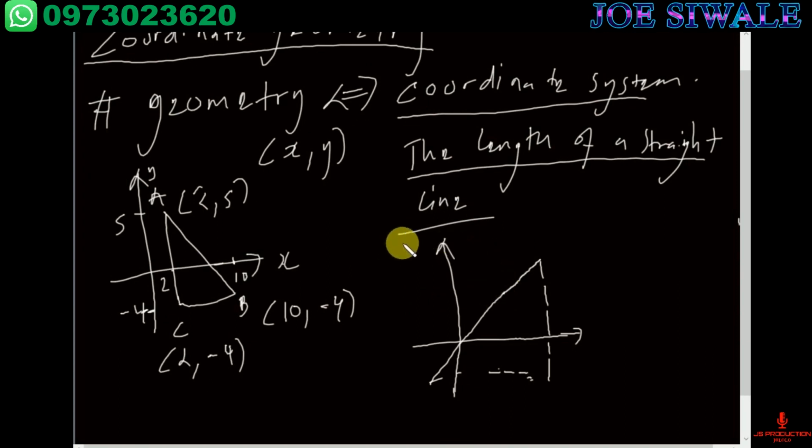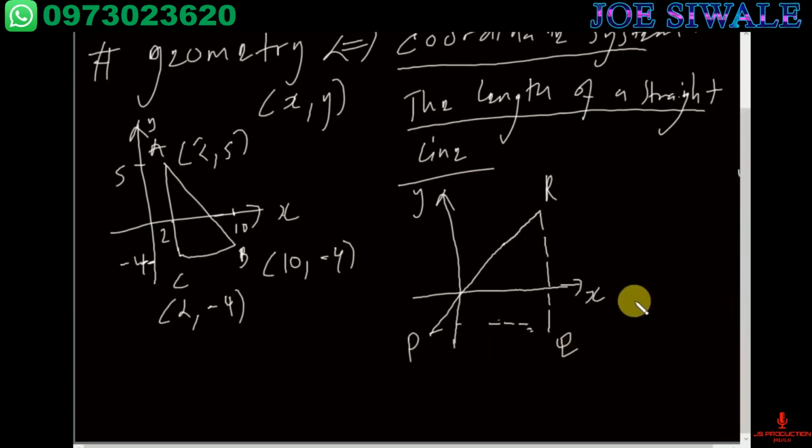If this is y, this is x, this is our point P, this is our point R, and this is our point Q. Let's say we have been given a question that says calculate the length of line PR.